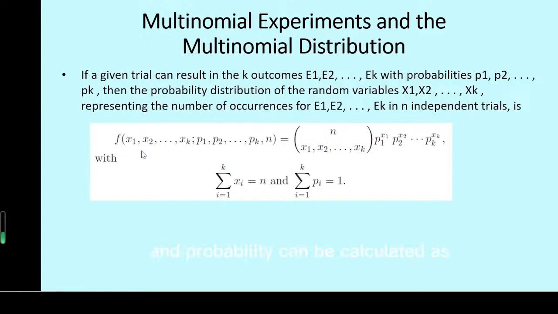The probability for the results x1, x2, xk within n total trials is the combination n choose x1, x2, xk times p1 to the power x1, p2 to the power x2, until pk to the power xk. The conditions are the sum of xi equals n and the sum of pi equals 1.